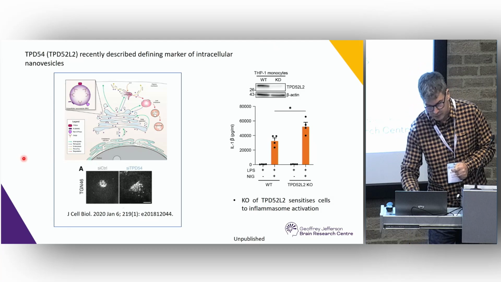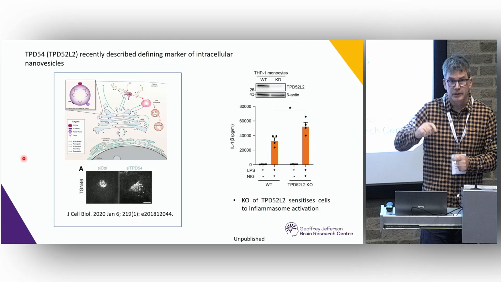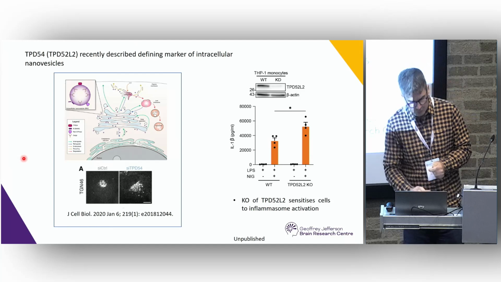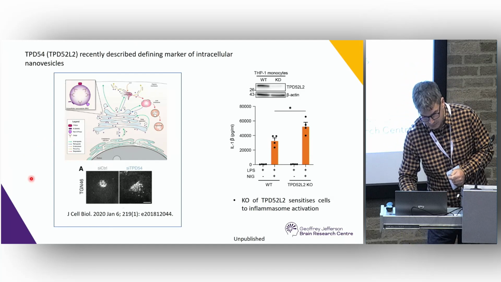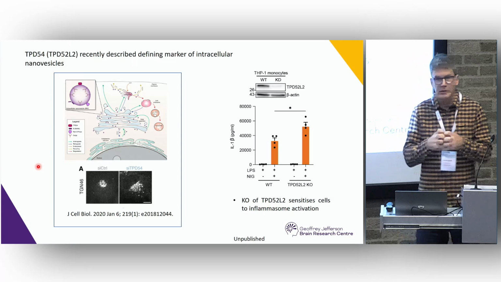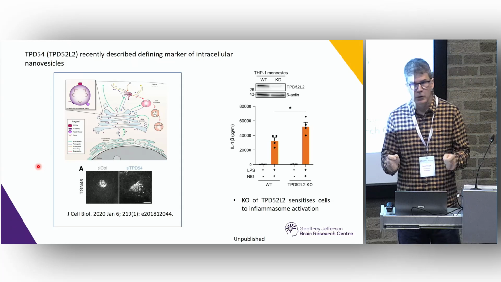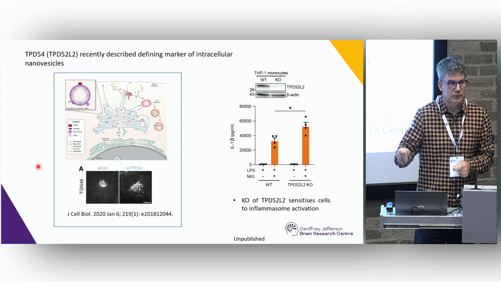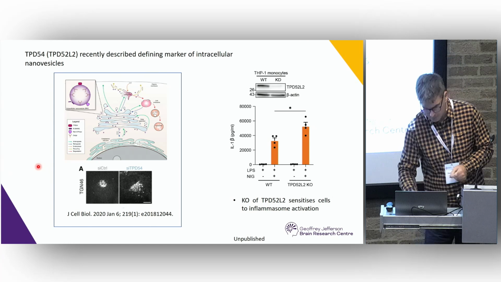These are tiny vesicles that shuttle between organelles in the cell, trafficking cargoes. And what was really interesting for us was that when Steve knocked down TPD54, he dispersed the TGN46 signal, which is consistent with the phenotype we see when we activate the inflammasome.